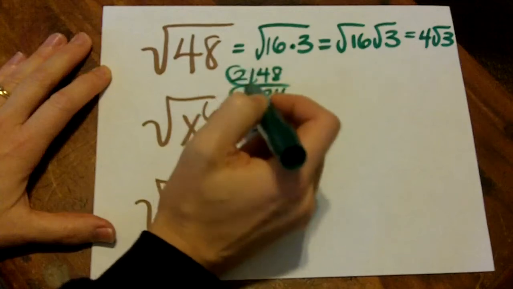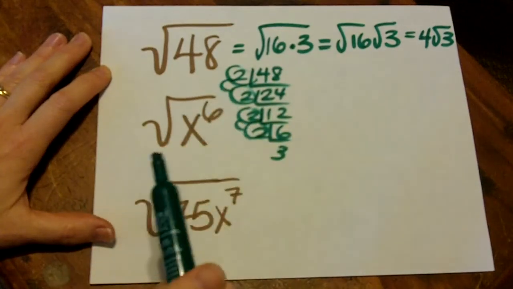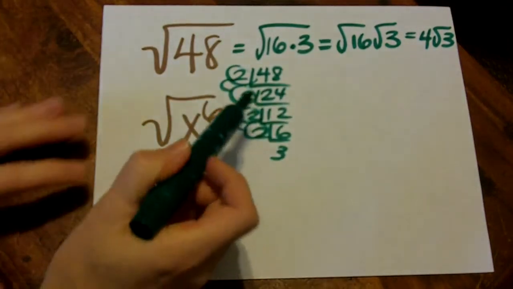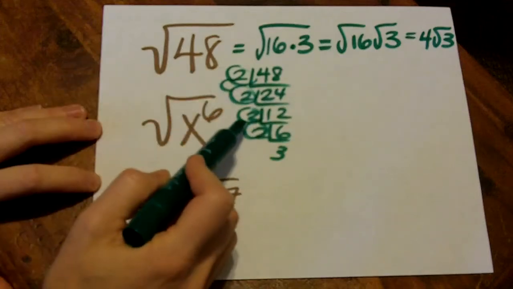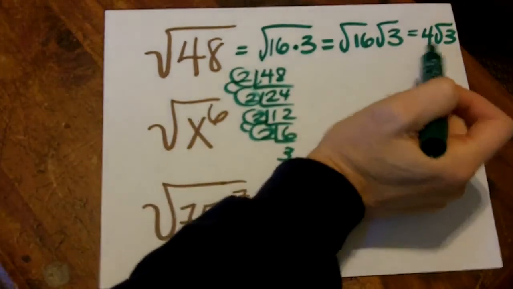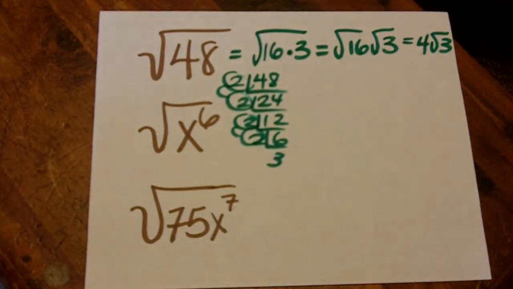And then for every pair of prime factors you get, you can pull them out of the house. In this case, you could pull out one 2, and you could pull out another 2. 2 times 2 would be that 4, and then the 3 has to remain inside because it doesn't have a mate.